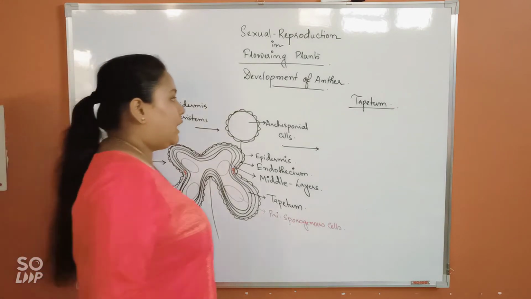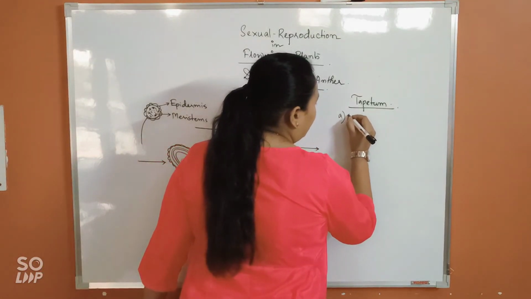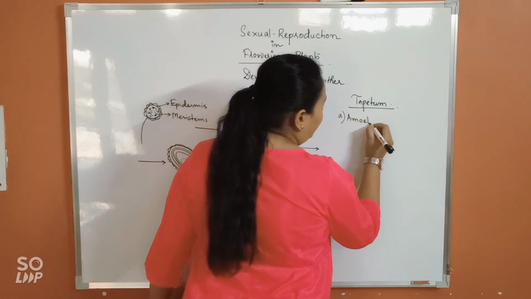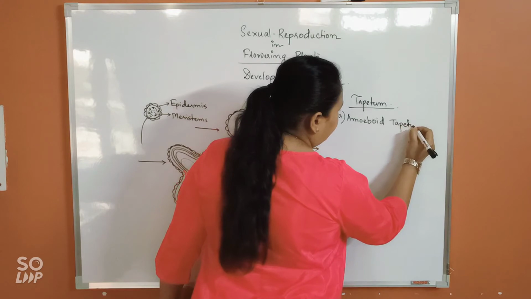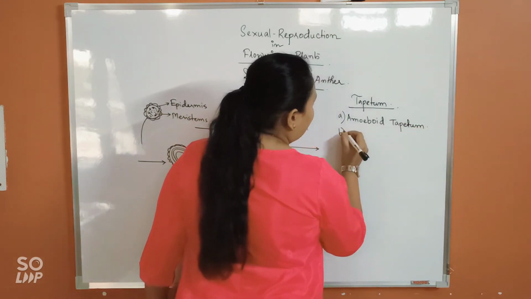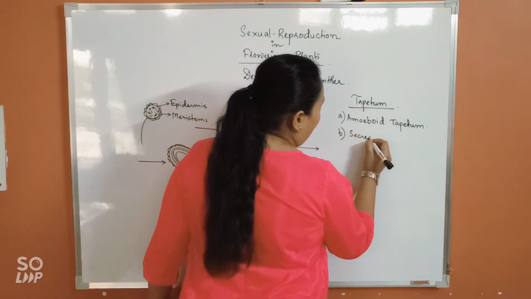It can be of two types. One is amoeboid tapetum and next is secretory tapetum.